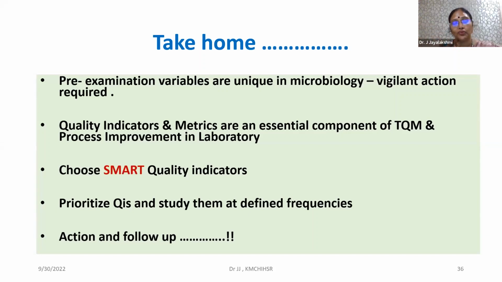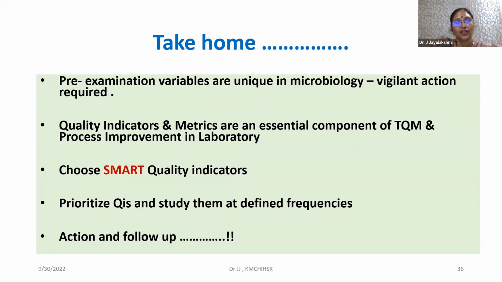Of course, annually will not help you, at least monthly and quarterly, and then see. It's important to review your quality indicators and see whether you want to continue the same quality indicators. If things have worked very well, then you move on to the next ones that you need to work on. Okay, so then you look at the action, what needs to be done when things are not going well, when you're not at the benchmark, when you're not at the optimal required.